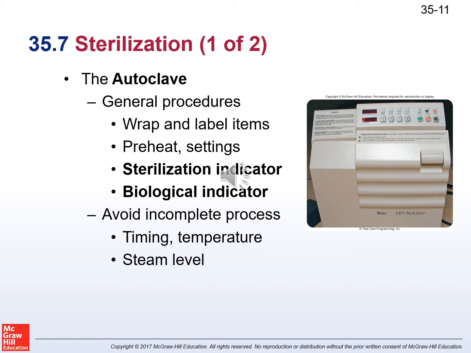Because spores used in BIs are more resistant and gather in greater numbers than the common microbial contaminants found on patient care equipment, an inactivated BI indicates that other potential pathogens in the load have also been killed. Each autoclave will have specific manufacturer guidelines that need to be carefully followed.